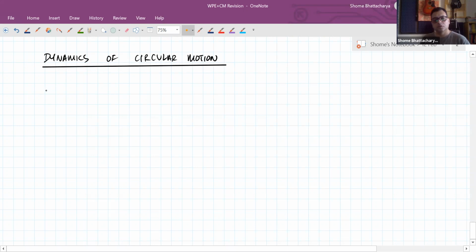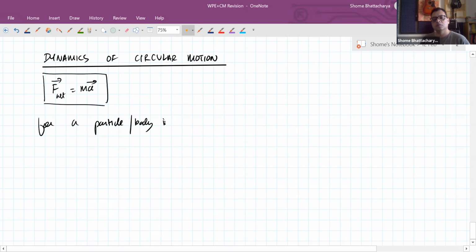So the net force acting on a body when its mass is constant is mass into acceleration. So for a body in circular motion, for a particle or body in circular motion, you see that the acceleration is the sum of centripetal acceleration plus tangential acceleration.